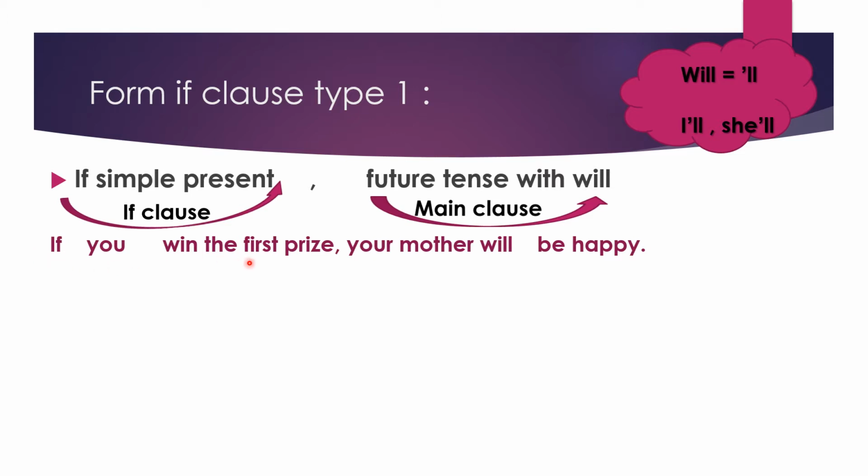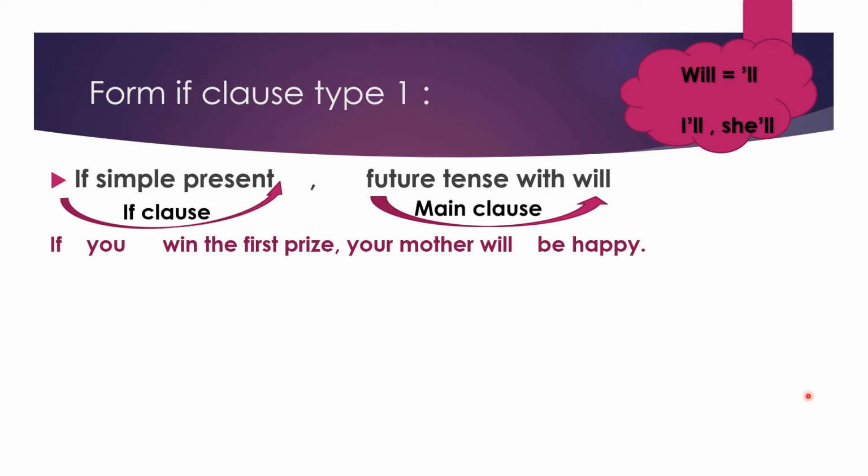If you win the first prize, شو رح يصير؟ Your mother will be happy. إذن النتيجة أو جواب الشرط، جواب الجملة الشرطية هو your mother will be happy. إذن هون يا مس إحنا عم نحكي عن something that will happen in the future, or we are thinking about future. So we use in the main clause بجواب الشرط the future tense اللي هي will plus the infinitive verb.